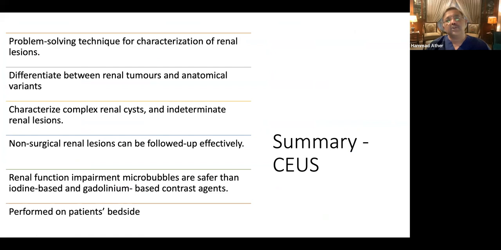The characterization of complex renal cysts and indeterminate lesions can be helped by CEUS. Non-surgical lesions can be followed effectively without the use of a significant amount of contrast. There is no renal impairment using the microbubbles. They're quite safe compared to the iodinated contrast of CT or the gadolinium-based contrast agents used in MR. It can be done at the bedside.